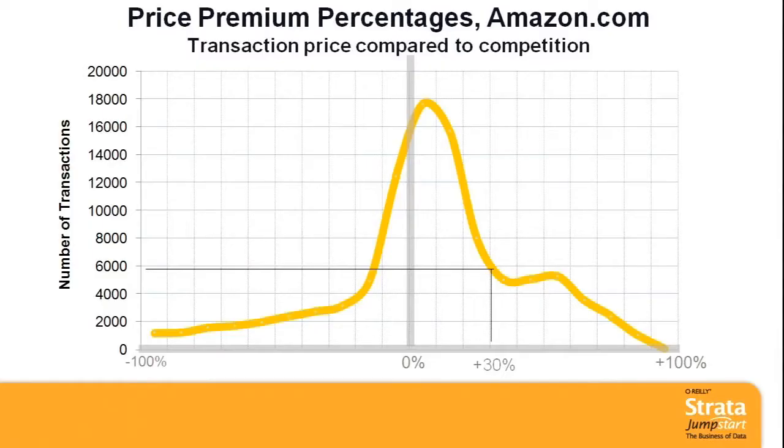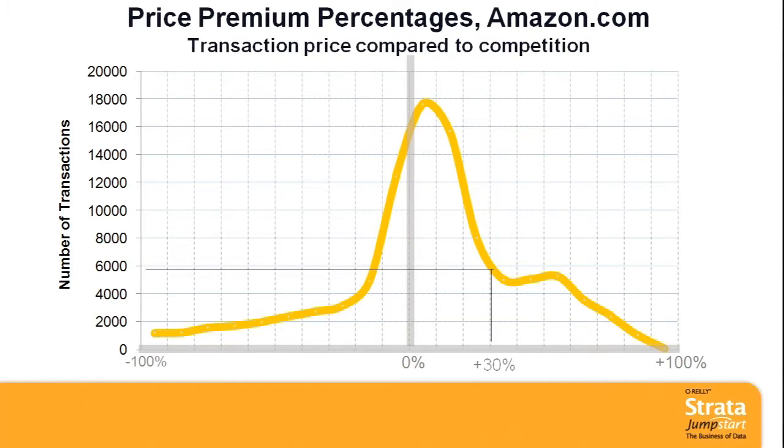So here is a chart that shows the price premiums that people pay. The horizontal axis shows the price premium. Everything that is above 0% means that someone paid, for example, 30% more compared to the available competition, in order to buy the product. And we have observed approximately 6,000 such transactions.